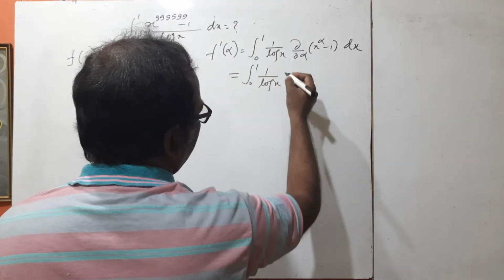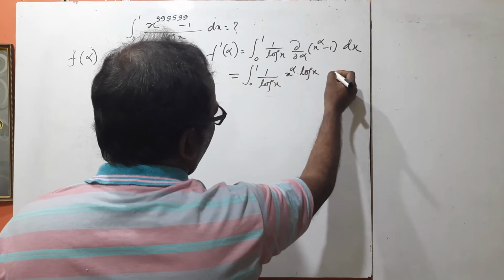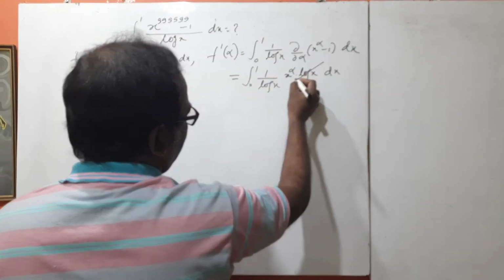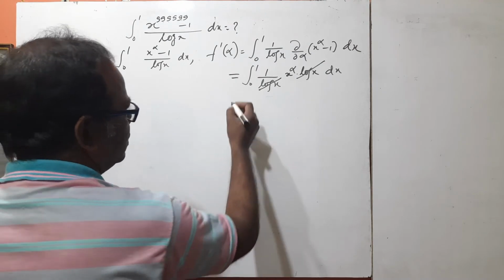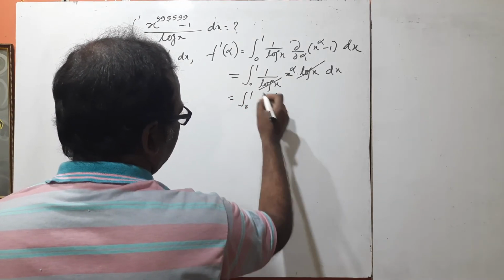Alpha is a variable, so this is x to the power alpha into log x, dx. The log x cancels out, so we have the integral from 0 to 1 of x to the alpha dx.